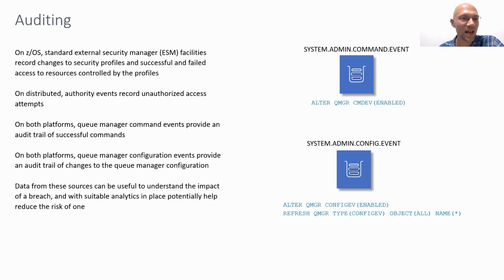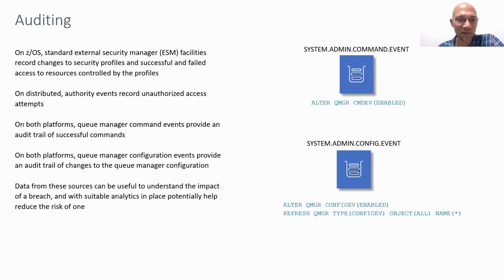but there is a way on both platforms to record authority events. There are also other types of events that are recorded by the queue manager on both sets of platforms for any configuration changes that take place. So command events and configuration events record any commands that are issued against the queue manager, and also let you have a snapshot of what an object was like before and after a command was issued to change it.